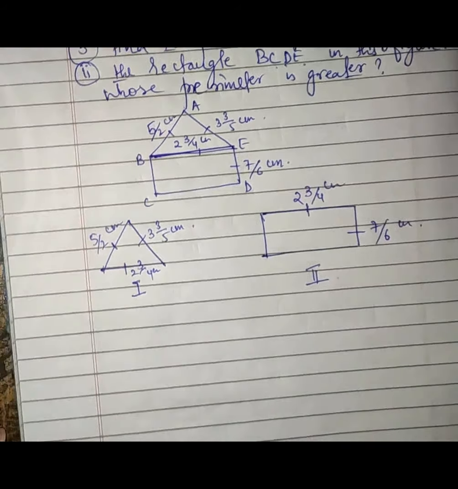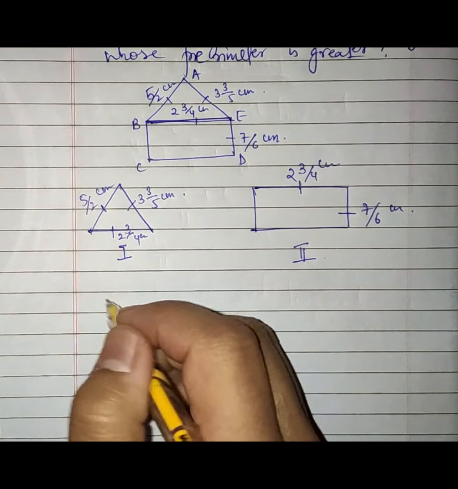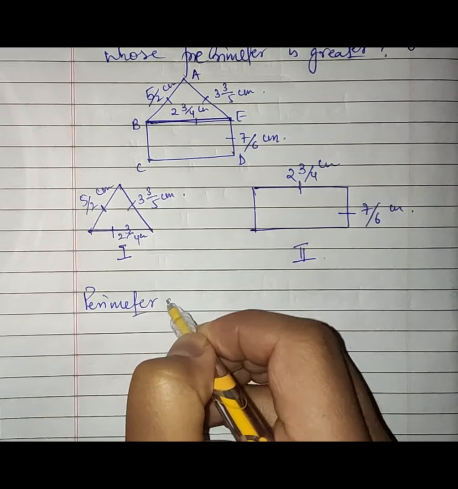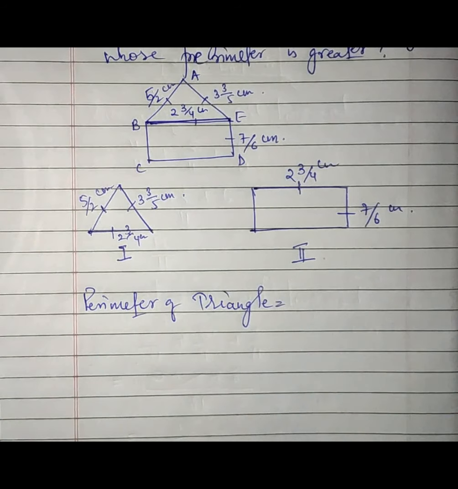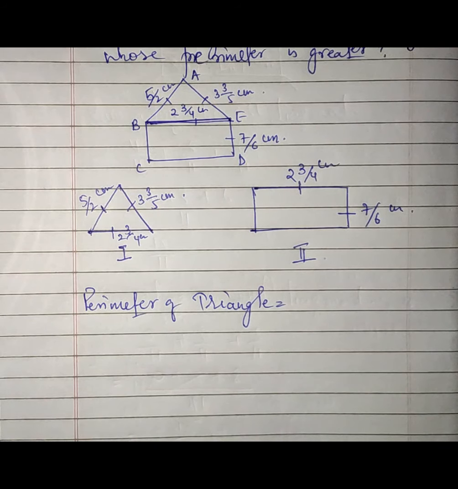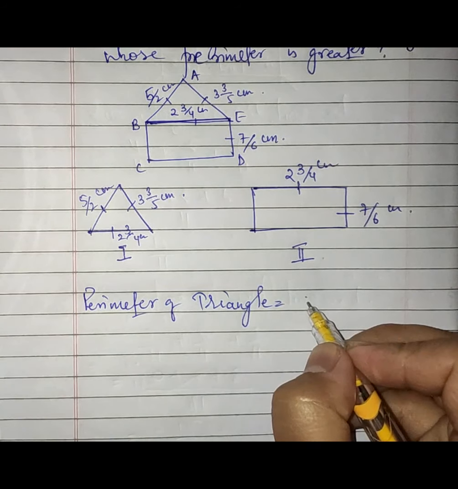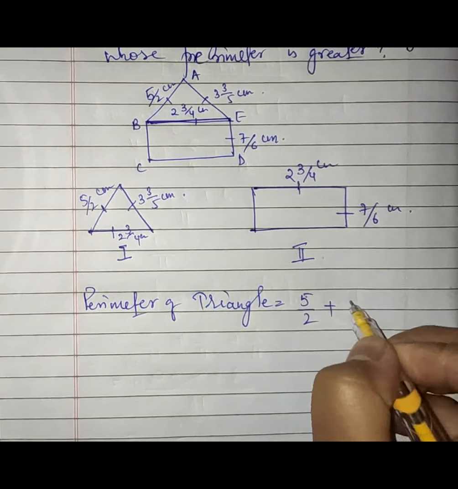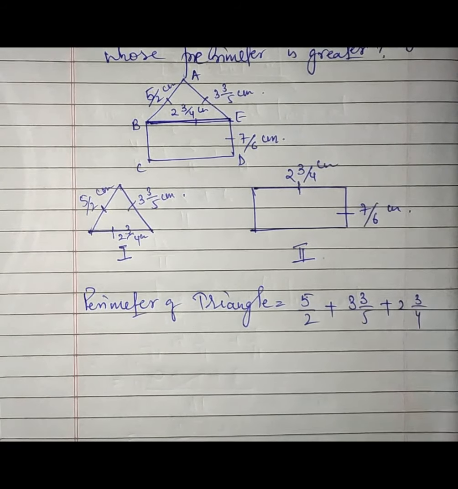All right, so first of all what we are going to do is find the perimeter of the triangle first. For a triangle, to find the perimeter you have to add the 3 sides. So what are the 3 sides here? The value of the first side, 5 by 2 plus 3 whole 3 by 5 plus 2 whole 3 by 4.